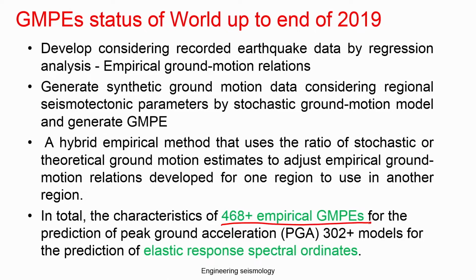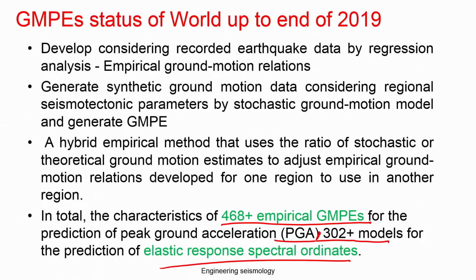For the prediction of peak ground acceleration, about 320 plus models are available, and for the prediction of elastic response spectrum ordinates, 302 plus models are available to predict an elastic spectrum.